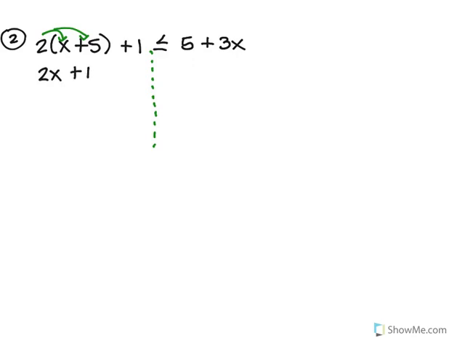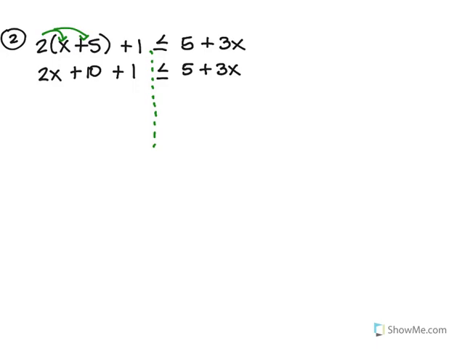2 open parentheses, x plus 5, close the parentheses, plus 1 is less than or equal to 5 plus 3x. Okay? We're going to distribute. That's going to give us 2x plus 10 plus 1 is less than or equal to 5 plus 3x.